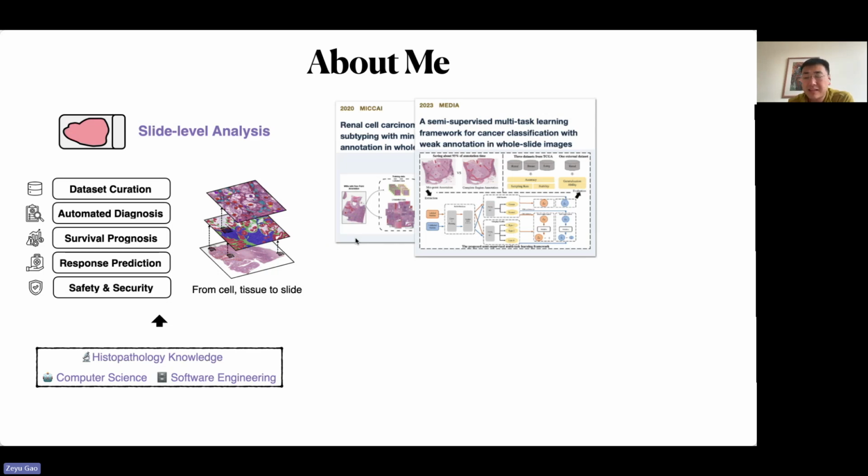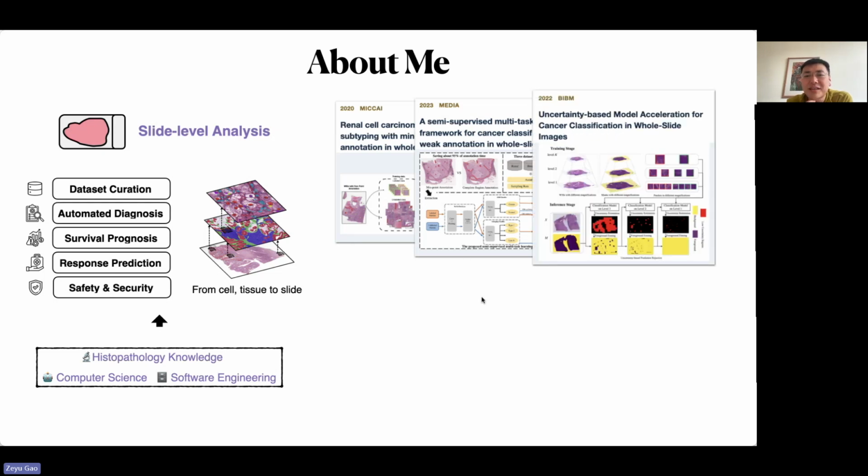At that time we did not really focus on multi-instance learning, which is the mainstream paradigm these days for slide-level analysis. Instead, we focused on semi-supervised learning, because we asked the pathologists to do very few annotations, and we tried to use those few annotated points to guide the learning of the whole slide. It's not very common these days; it's very old stuff.